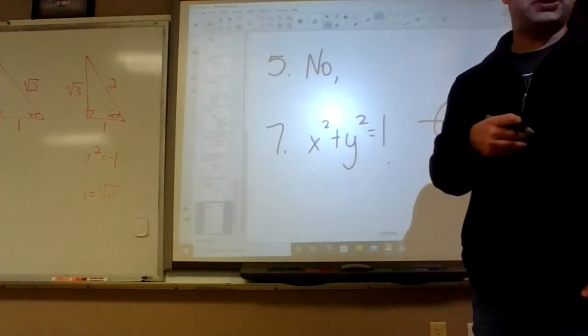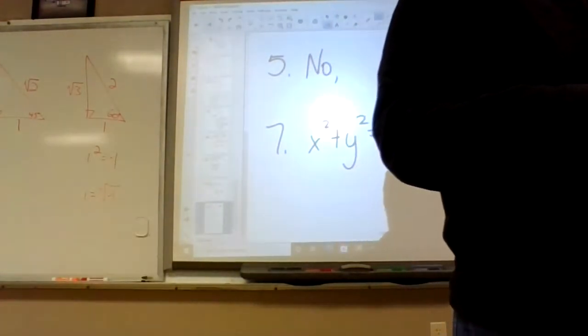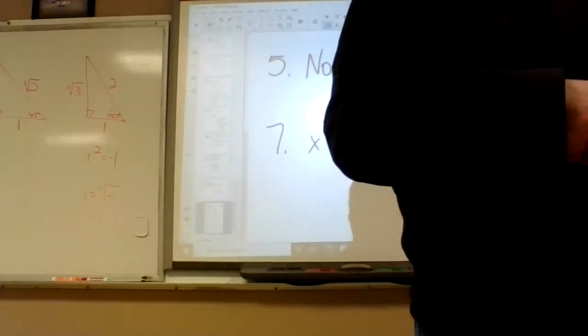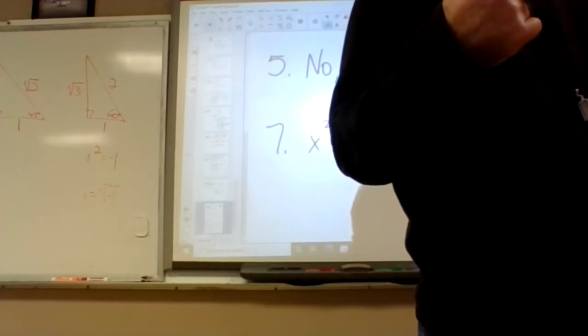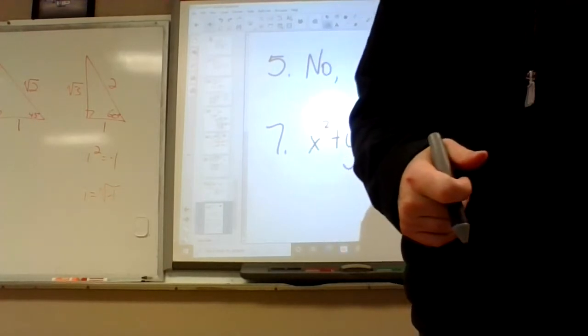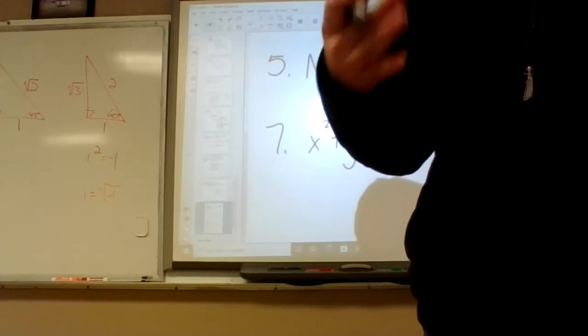The question is, explain why that does not define y as a function of x. They probably wanted something because it's a circle and it fails the vertical line test.